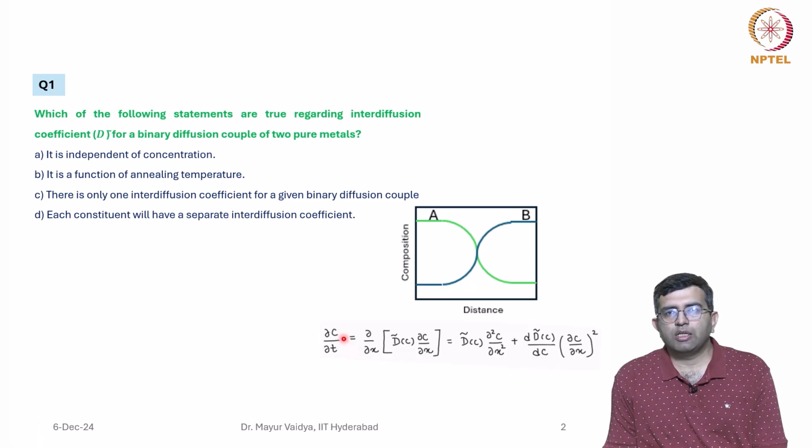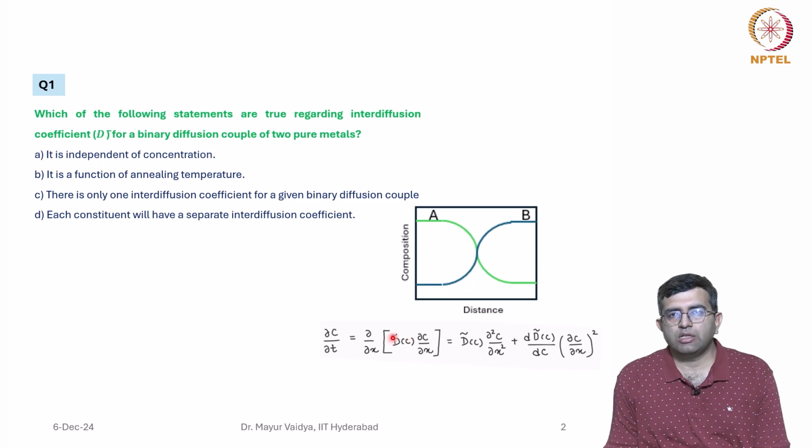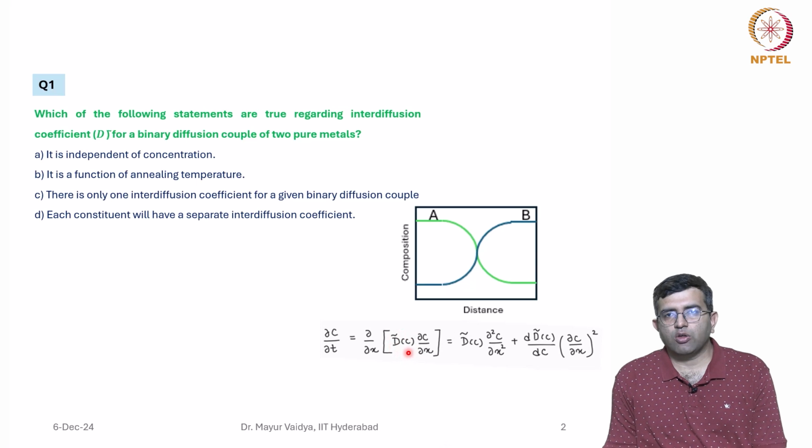If you remember the equation that we write, dou C by dou T is equal to dou by dou X of D tilde dou C by dou X. Because here the composition of A and B is changing, we can no longer assume that D is independent of concentration. Therefore, option A is not correct, because it says it is independent of concentration, whereas this interdiffusion coefficient D tilde is actually dependent on the concentration.